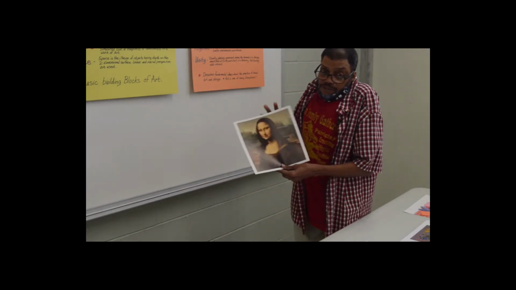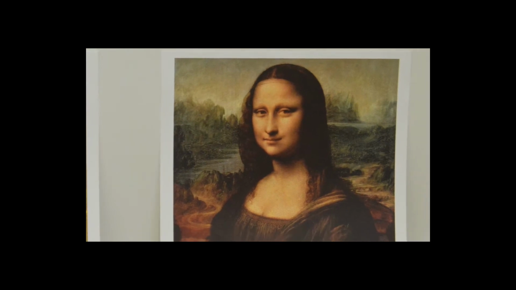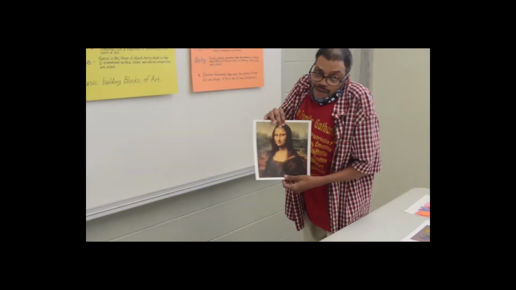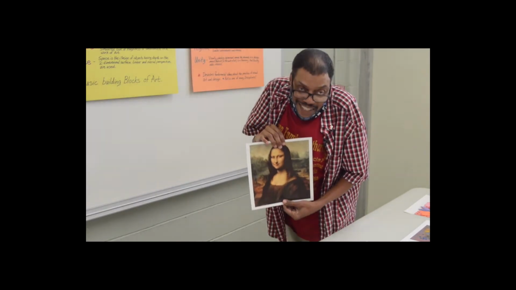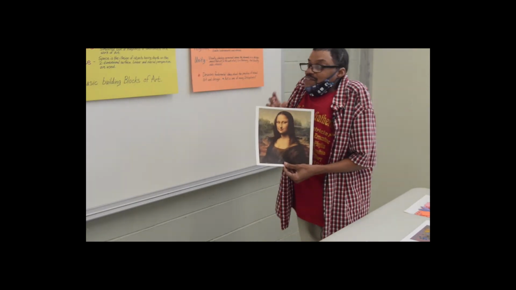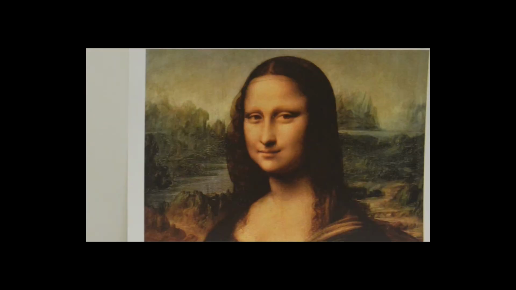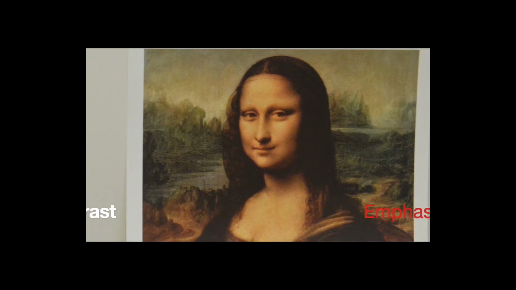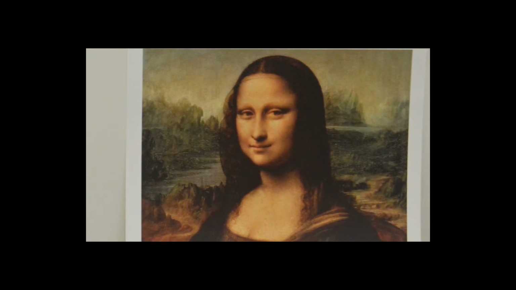And we all know this probably the most famous painting in the world, the Mona Lisa by Da Vinci. I'm sorry. Da Vinci's Mona Lisa would probably go under emphasis and contrast because of her dark presence in the piece.